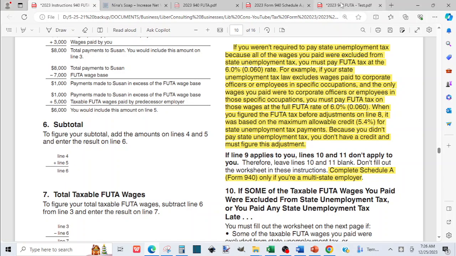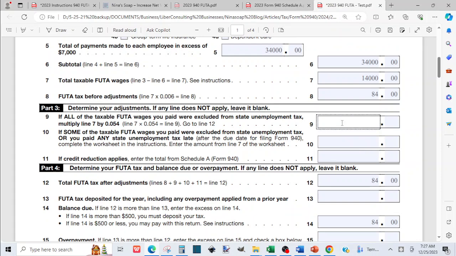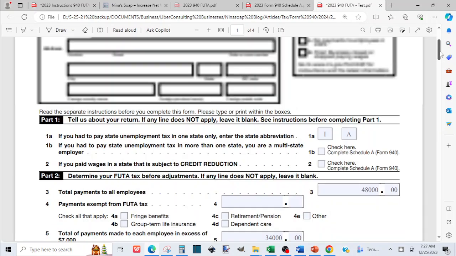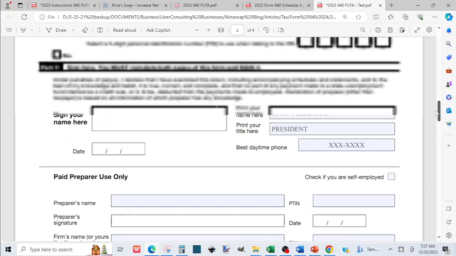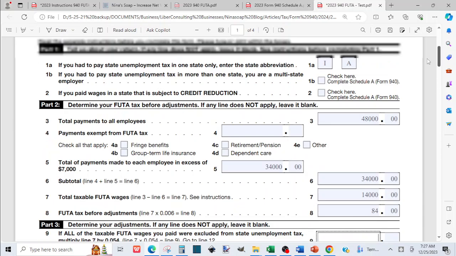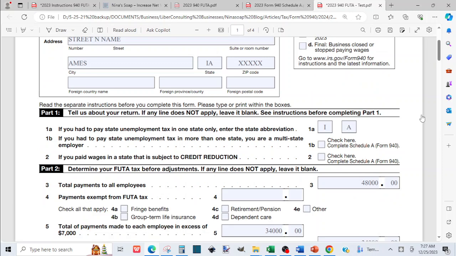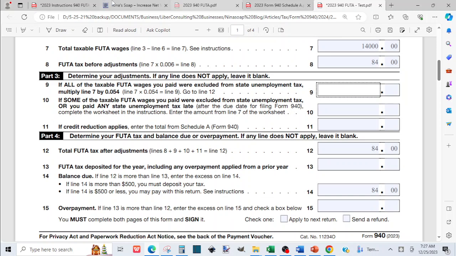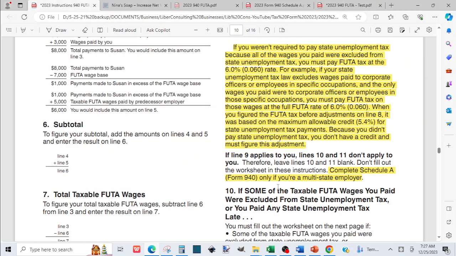If you are in multiple states, you will check that one. But those are nuances that can be very confusing. Take your time, read it, and you can find it on page 10 of the IRS instructions for Form 940, 2023.